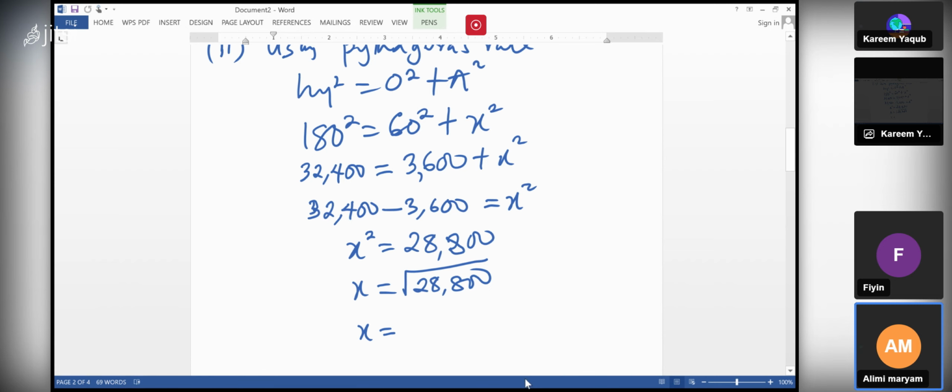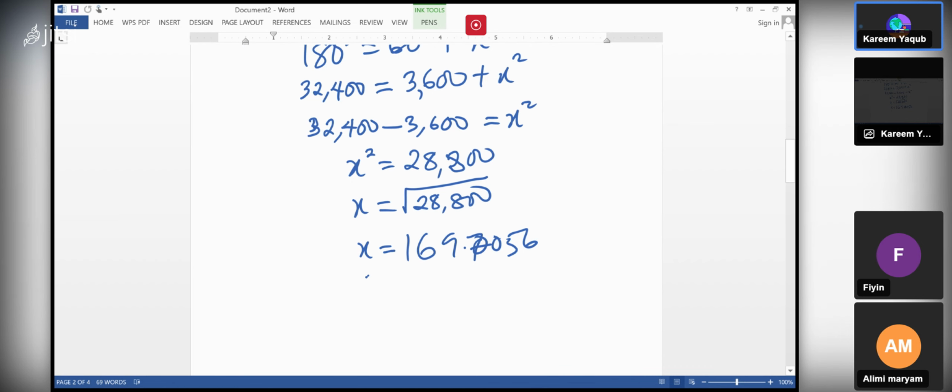169.7056. So the question asks us to round it to three significant figures.